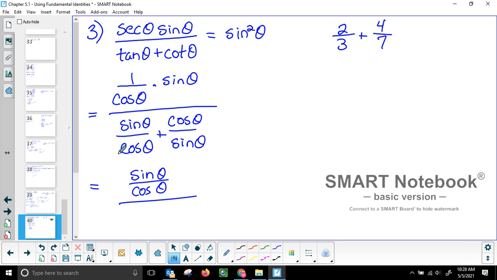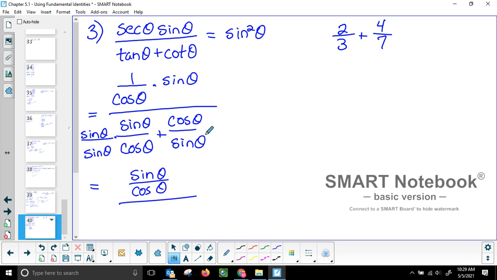Well, how do I get this cosine theta to be that? I have to multiply it by sine. In a fraction, to keep it the same, whatever I do to the denominator, I also have to do to the numerator. Since sine of theta over sine of theta is simply 1, multiplying something by 1 does not change it.